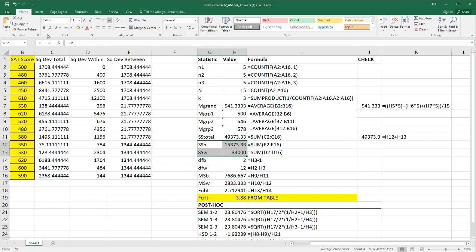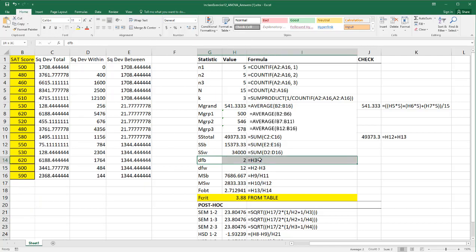By calculating this column separately, it gives me a way of checking. If those aren't equal to each other, I've probably done something wrong. It doesn't guarantee that I've done it right if they are equal, but if they don't equal, it guarantees that I've probably done something wrong.